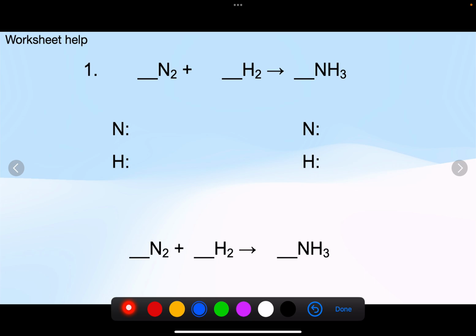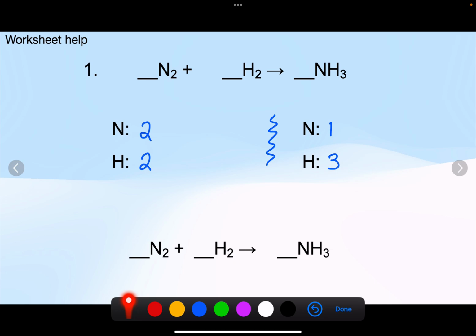On the reactant side, I have 2 nitrogens and 2 hydrogens. On the right-hand side, I have 1 nitrogen and 3 hydrogens. So right away, anytime you see an element that has a 2-3 combo, you're going to have to make 6 of them, because that's the first number that 2 and 3 go into evenly.